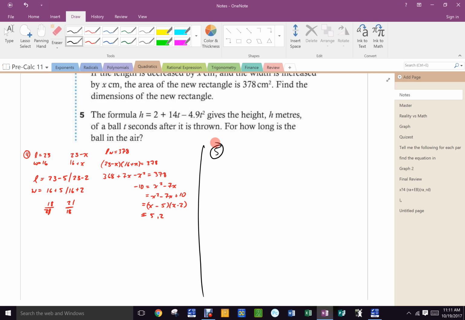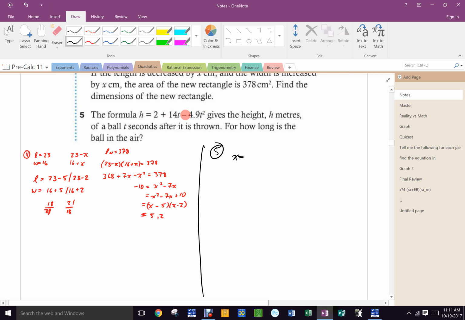As I was just saying with number 5, you can't factor it, and it's not a good candidate for completing the square. So we do what always works, which is the formula. So x equals negative b.